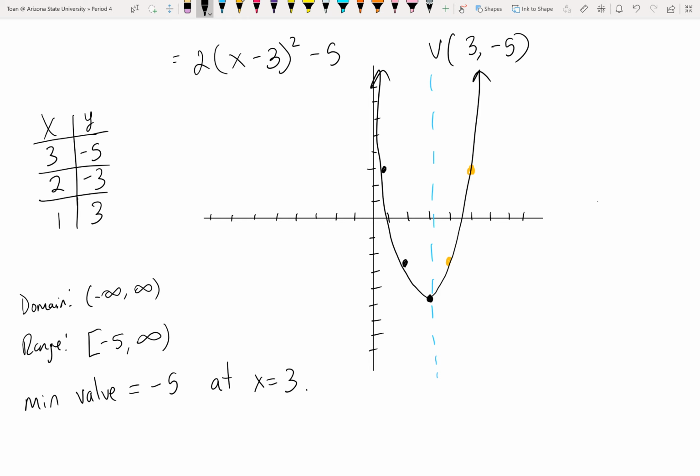So I can clearly see that this function has a minimum value of -5 at x = 3. So that's it. That's a full problem from start to finish. If I give you an equation, I expect you guys to be able to tell me everything about it. Tell me the vertex, domain, and range, his likes, his dislikes, his favorite color, his least favorite food. If I give you a quadratic equation, you should be able to break down everything about it.